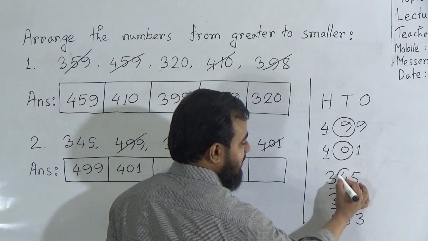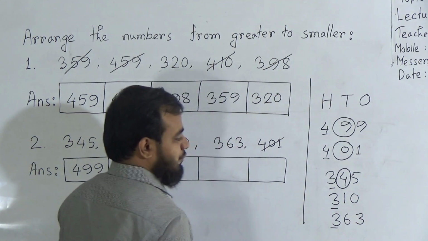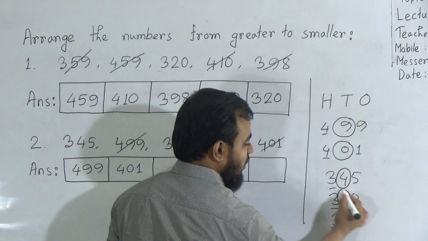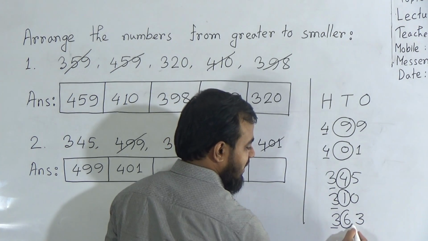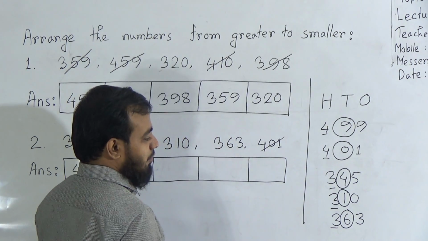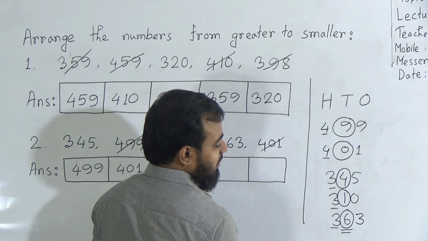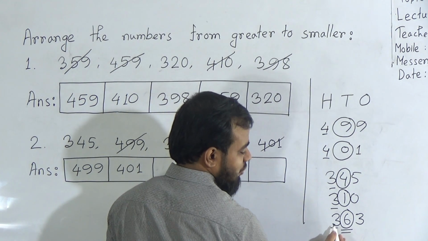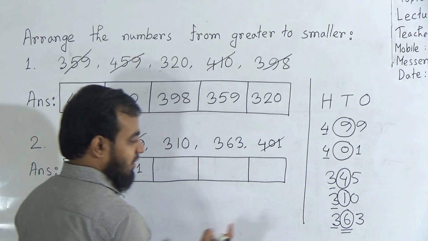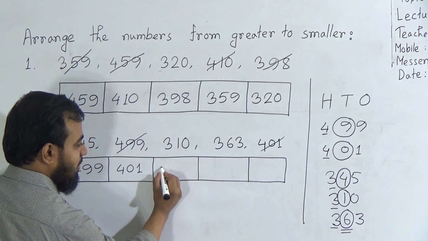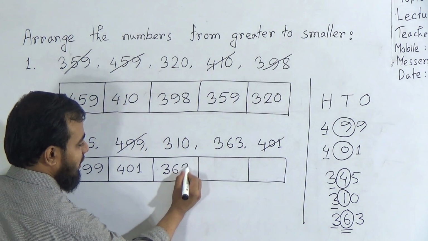In the tens place, 345 has 4, 310 has 1, and 363 has 6. Among these 3, 6 is the greatest. That is why 363 will be our next greatest number.